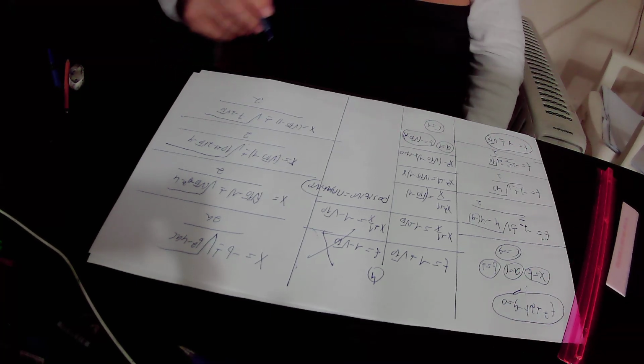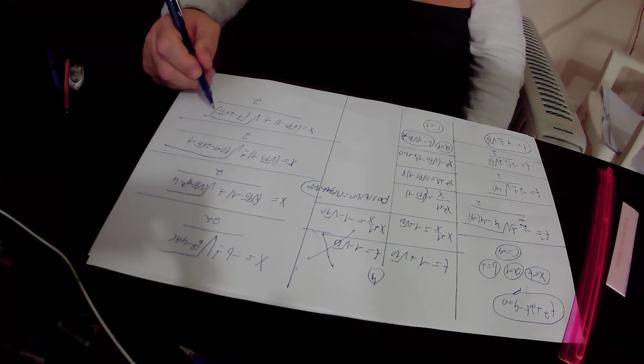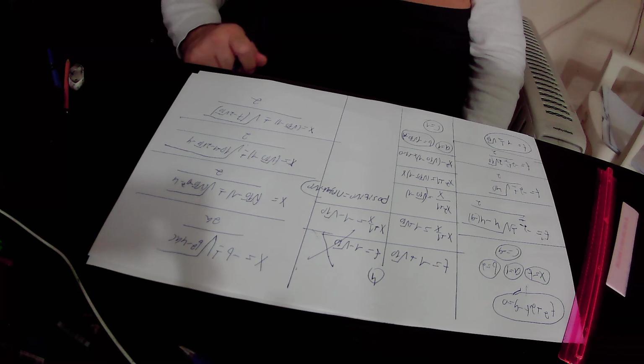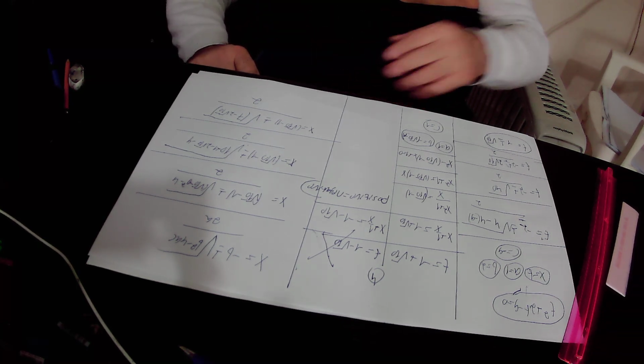So inside the root we have the expression 7 minus 2 times square root of 10. We will present this expression in a different way.